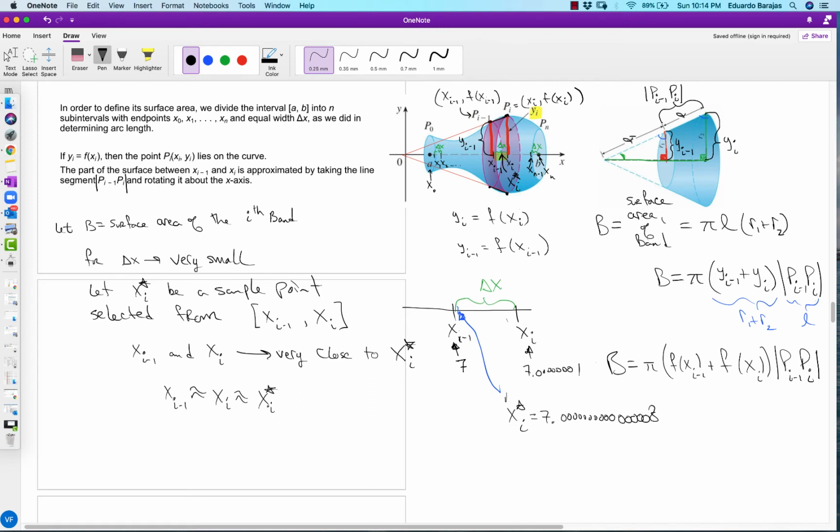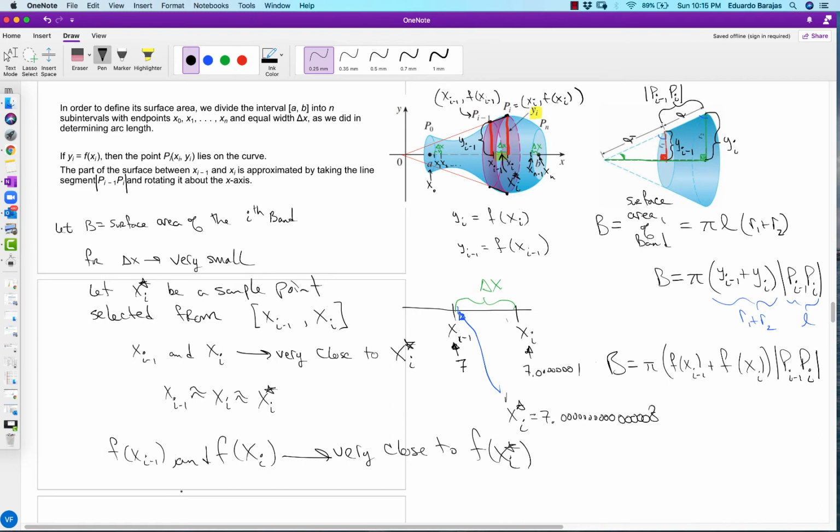Since their inputs are all so close together, we're also going to say that f of x sub i minus 1, the output that you get when you evaluate our function at this point, and f of x sub i are both going to be very close to f of x sub i star, that sample point.